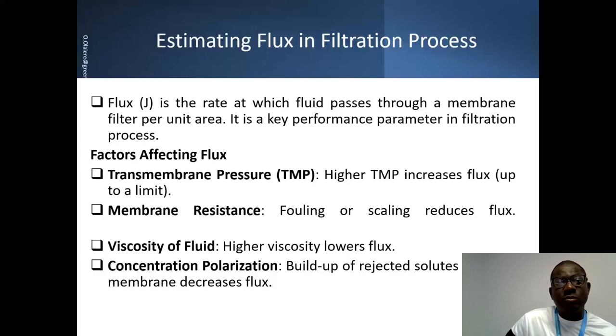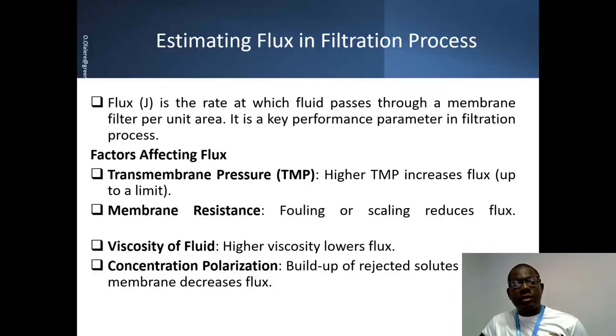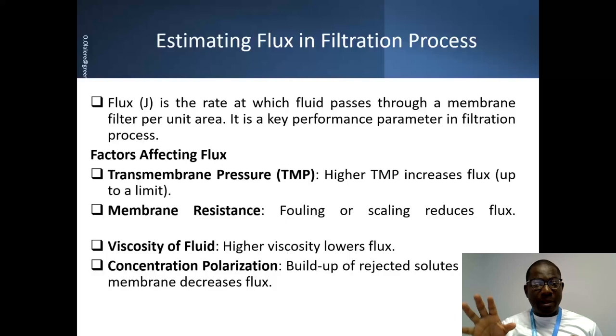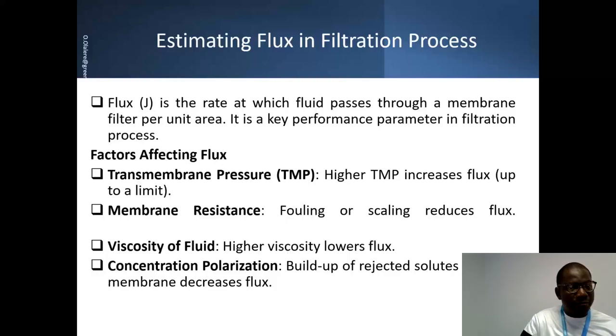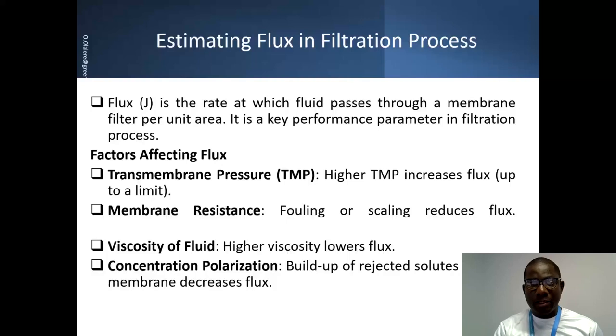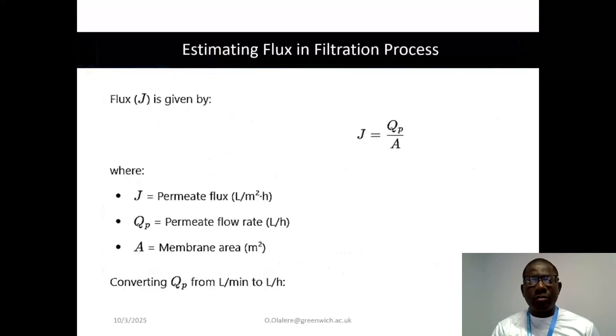You now see the reason why we use J flux to determine the performance of a membrane. And there are different factors that affect J flux. The first factor is transmembrane pressure. That's the pressure applied. Membrane resistance, viscosity of fluid, concentration polarization. These are some of the factors that affect J flux.